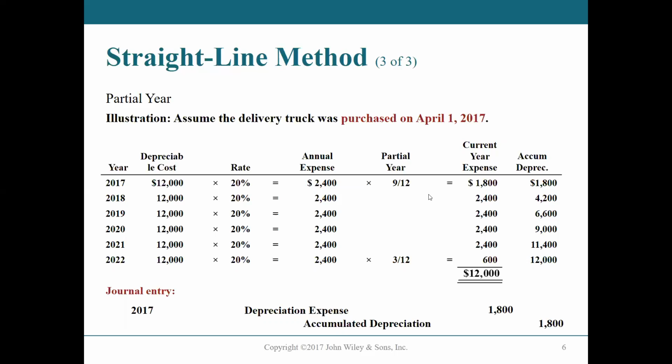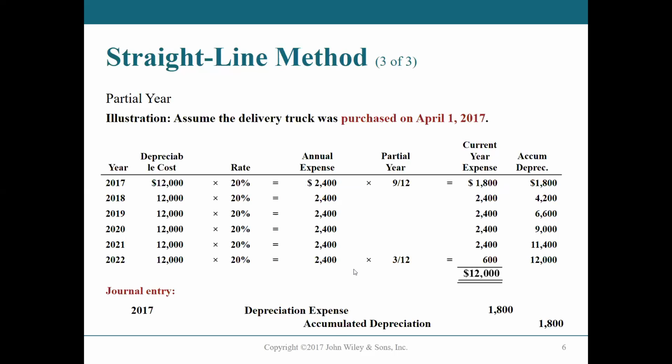Okay. So in this example, they bought the asset on April 1st. So in that first year, they have April through December, so they're only going to depreciate 9 months worth. So they'll take the annual depreciation expense, which was figured out through that straight line method, multiply it by 9/12, or 9 months out of 12, and that will give them a partial year's worth of depreciation, or 9 months worth in the first year.